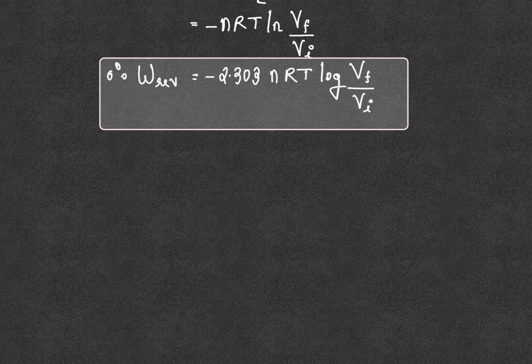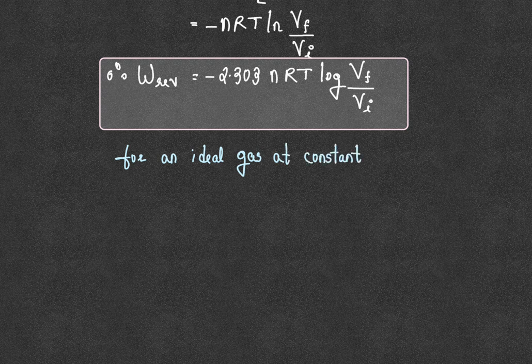You also know that for an ideal gas at constant temperature, P is inversely related to V. This is Boyle's law.